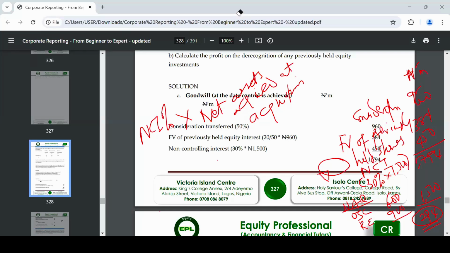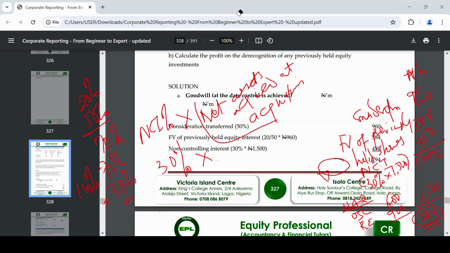So the question really is, what is the percentage of NCI? It's easy. We bought 20% first, then we bought an additional 50%, meaning our holdings as of the day of acquisition is 70%. Very easy. The remaining 30%, 100 minus 70% equals 30%. So NCI is now 30%.